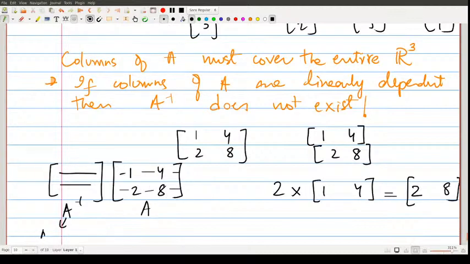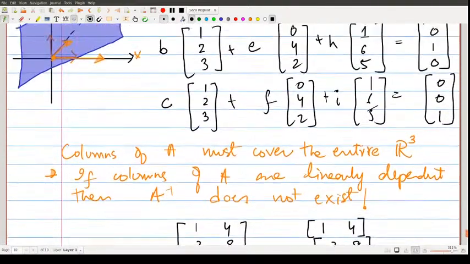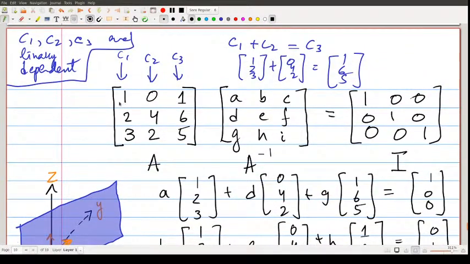I know that A inverse does not exist, which means the rows must also be linearly dependent. This is easy to see in a 2 by 2 example, that dependence of columns gives me dependence of rows.